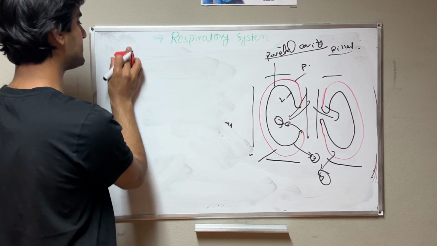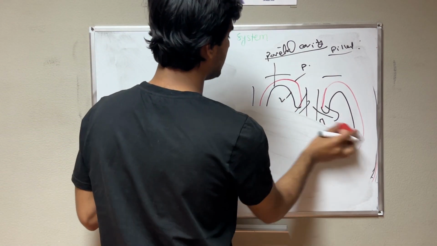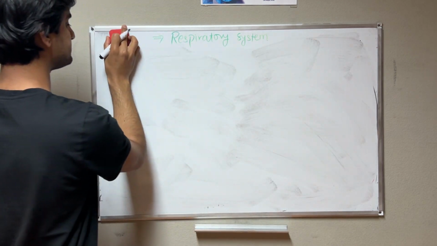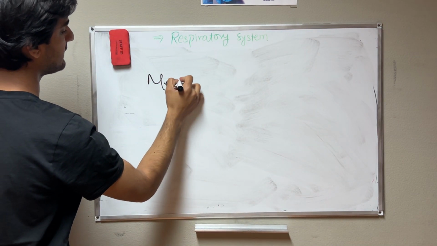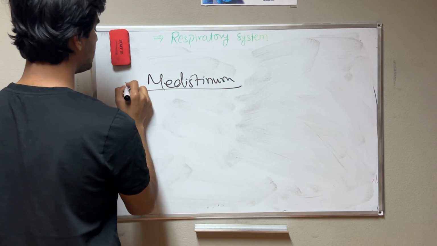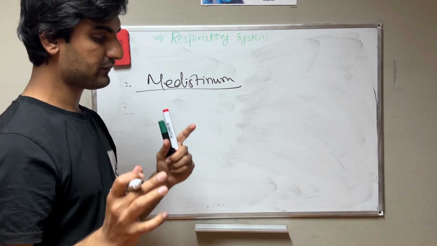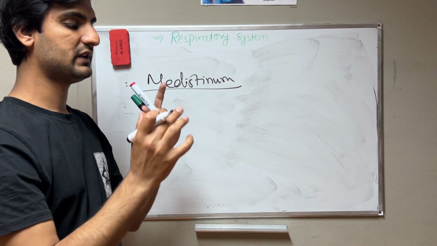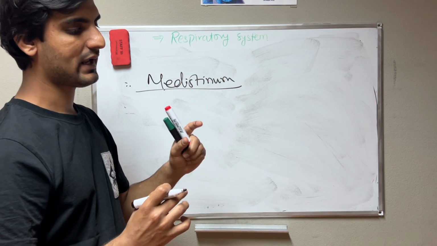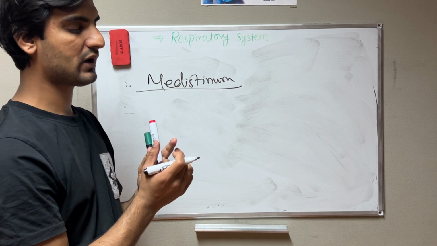Mediastinum, what is mediastinum? Mediastinum is the area which is located between the sternum, the vertebral column, and the two pleurae of the lungs.